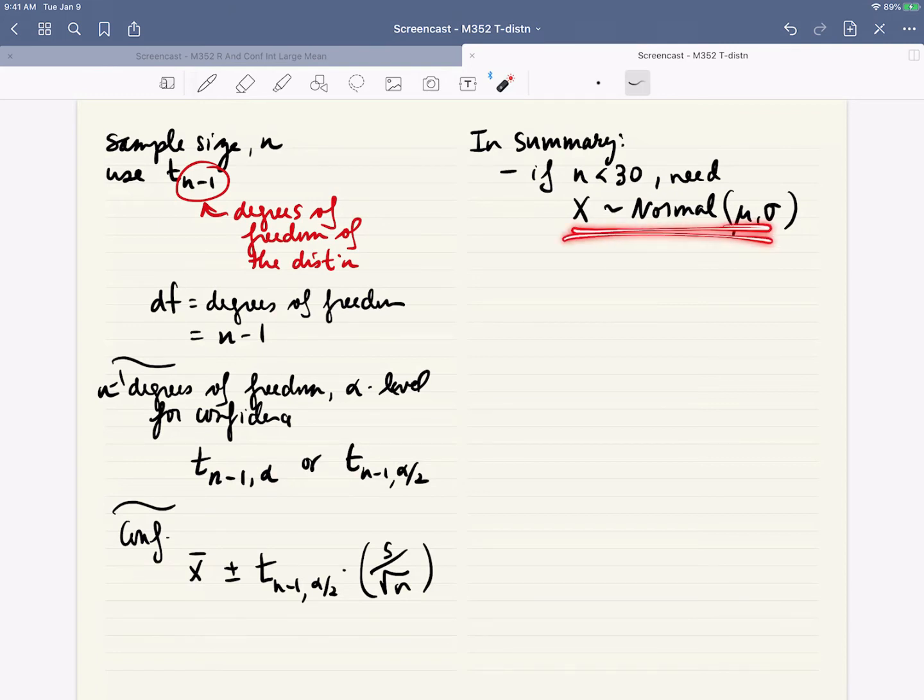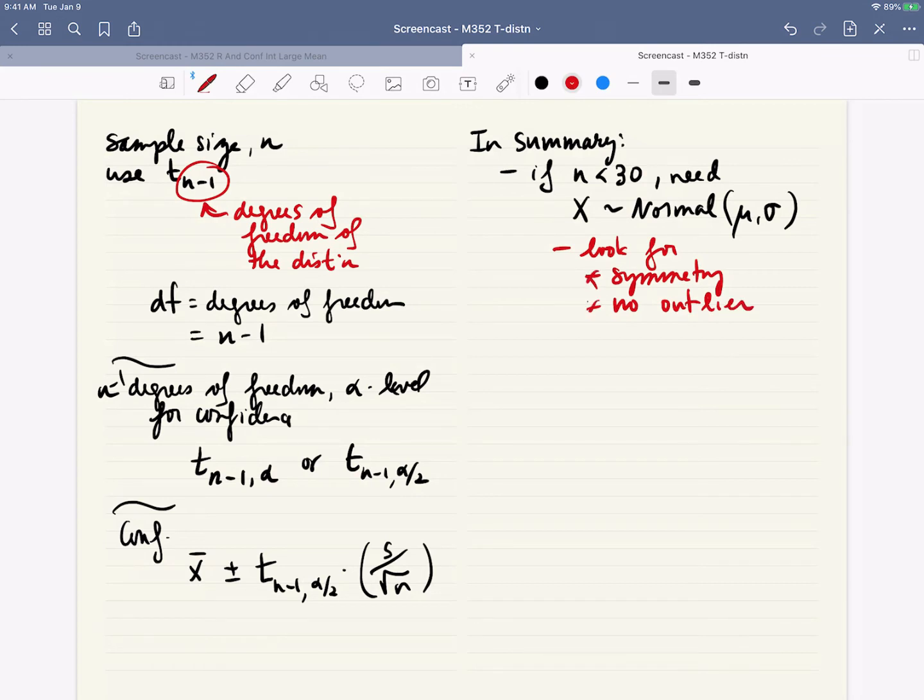So that's why we need this. We tend to look for symmetry and no outliers. This is what we look for in our sample data. We want symmetry and we want no outliers. And box plots are a way to do this.